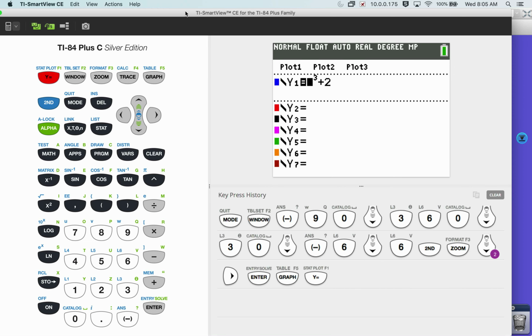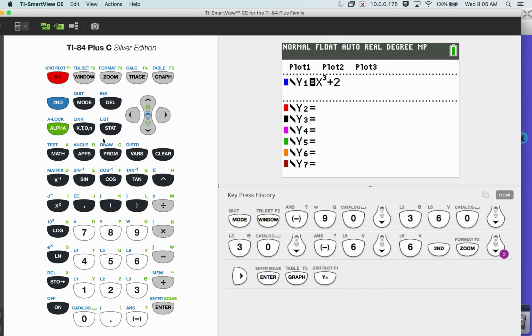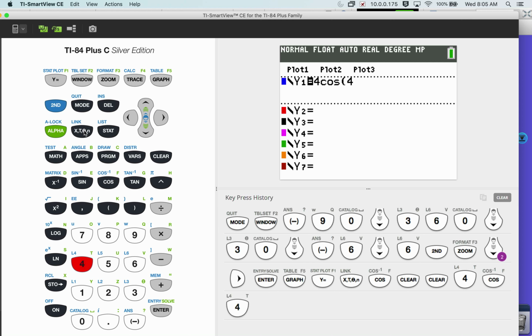All right, and now we're going to plug this in just exactly as we see it. 4 times cosine, 4 theta. The theta button's right there. It's going to still put in an x, but that's just our variable. It doesn't really matter whether we see an x or a theta here.